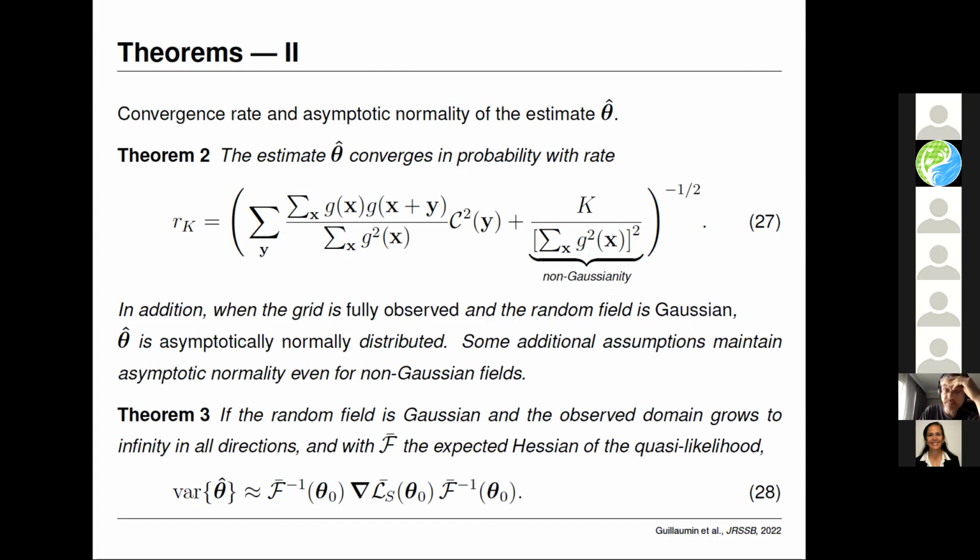And then the third theorem that we have in the paper is, well, it'd be really nice to be able to pre-compute what the variance of your estimators are as a function of the truth before you even started, without having to simulate.